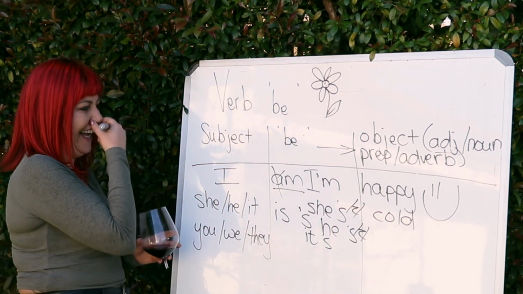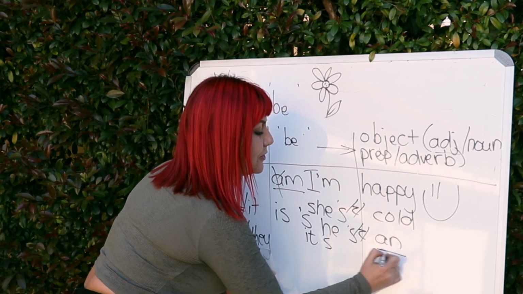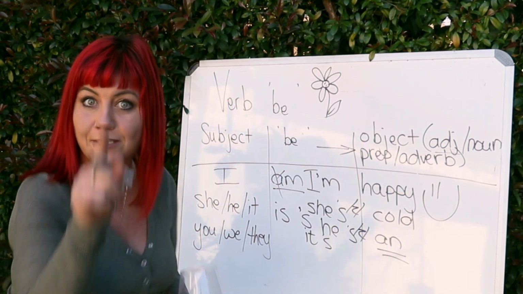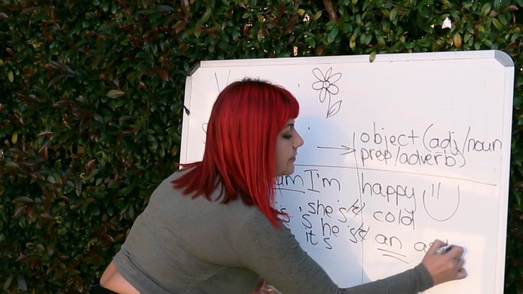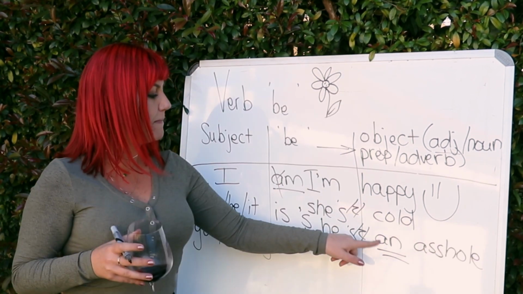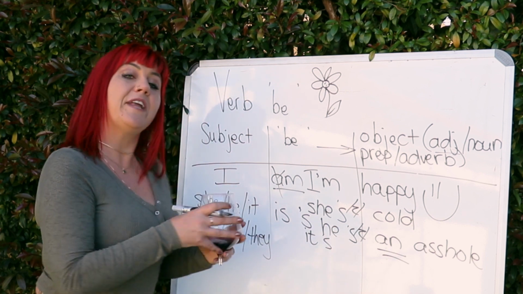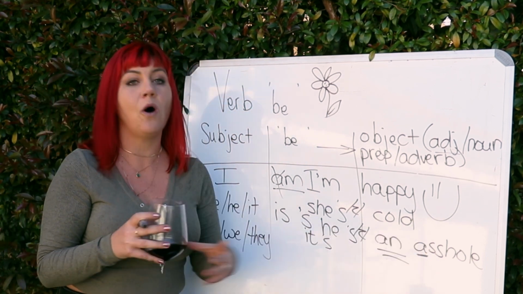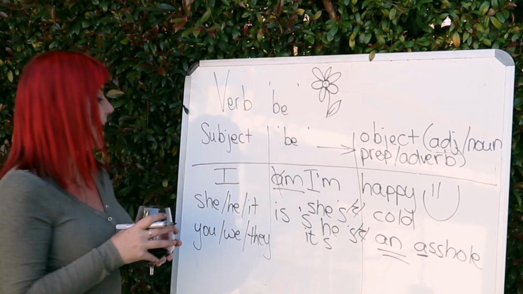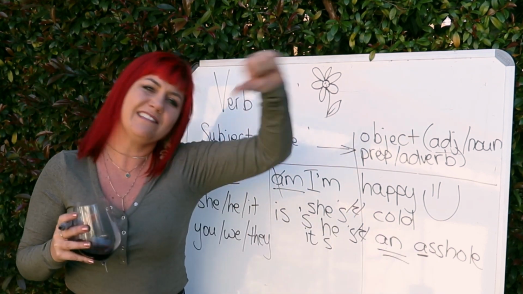Go for it. Okay, so here we're going to use our article. Remember from the last time, parts of speech. And remember, if we're going to use an, your next word needs to be a vowel. So he's an asshole. And that's when somebody's just being not great.